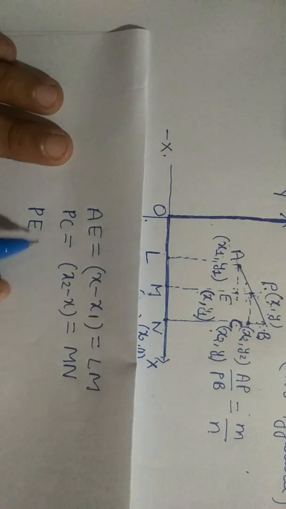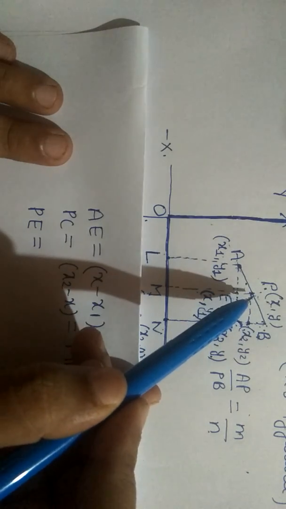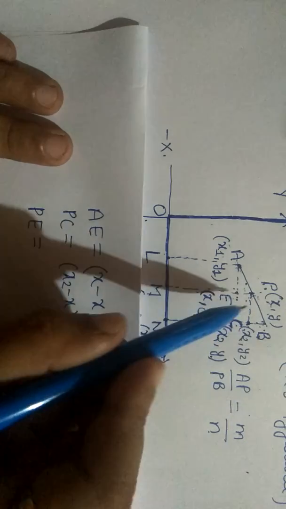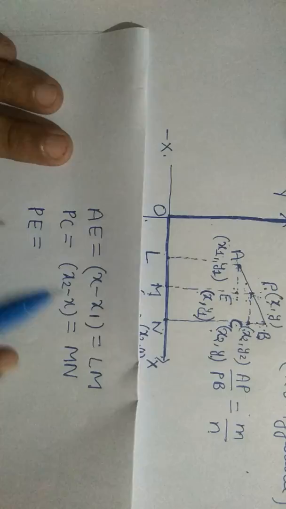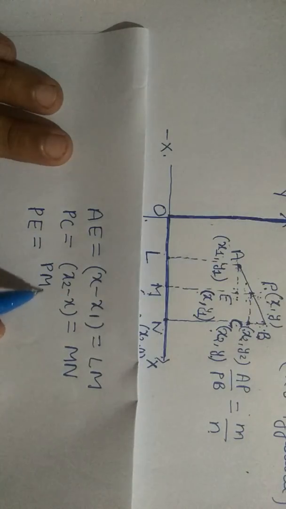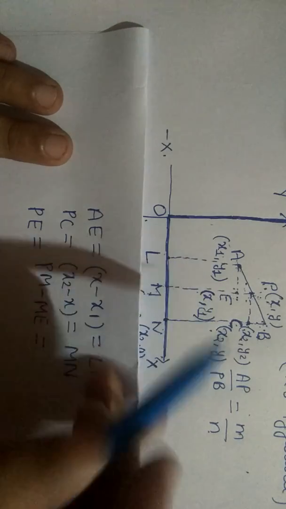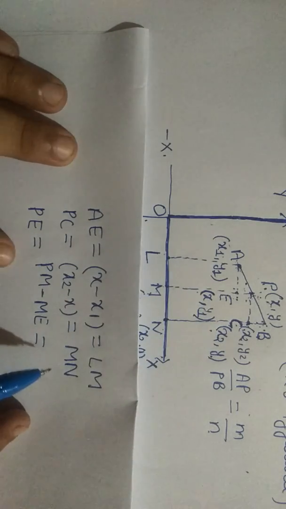Now find out the length of PE. As we want the distance of PE, we will write it as PM minus ME. PM minus ME, so that we will get the length of PE.